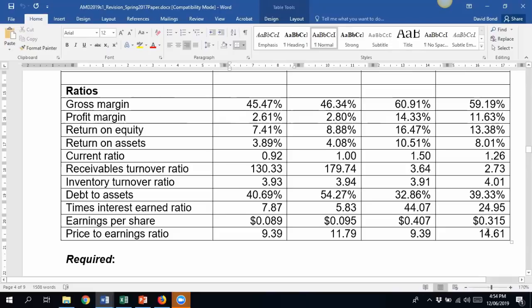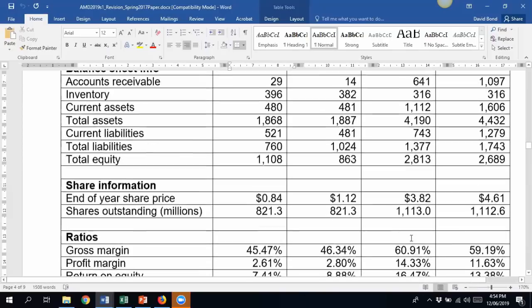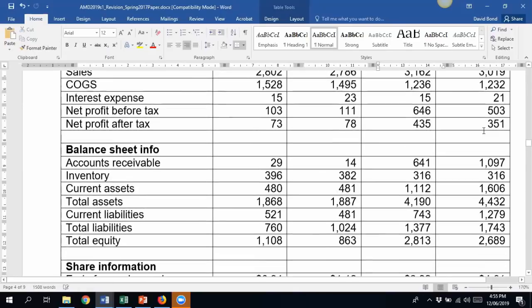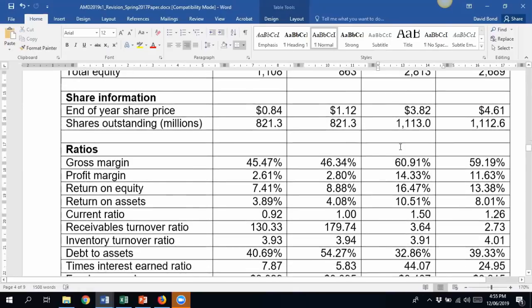This company, interestingly, has gone from something at the upper end of average down to the market, and that's really an important point. The market doesn't seem to particularly like it, which, given that its profit is going up substantially, is a bit weird.